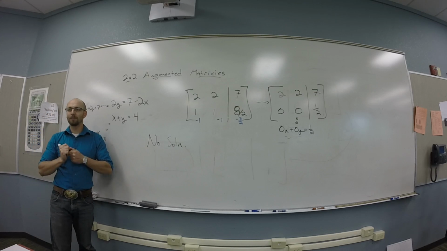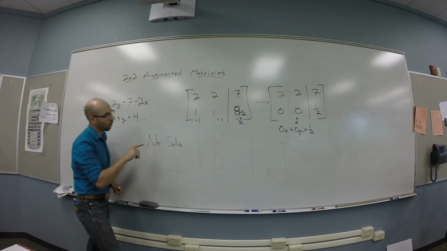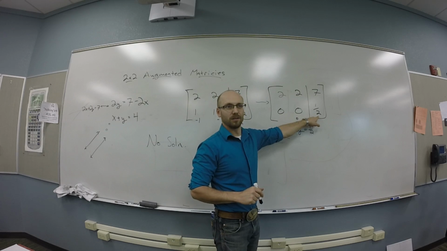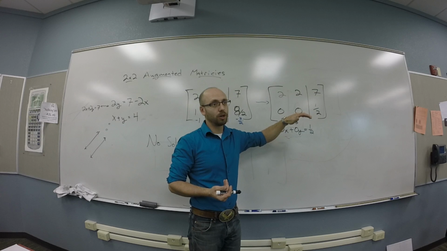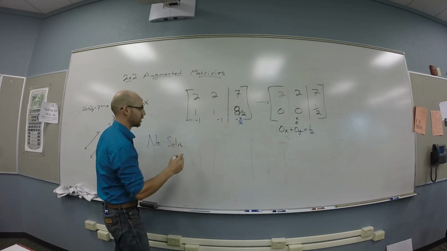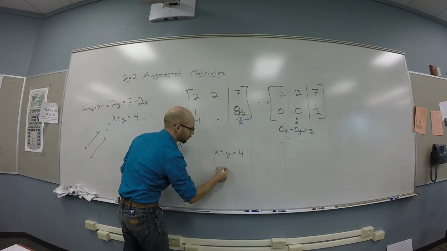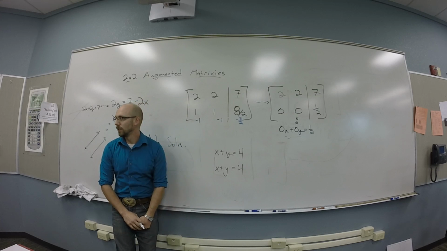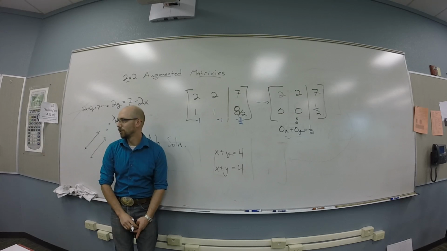There is one other option here, which is, what if I had gotten 0, 0, 0 here? 0 does equal 0, right? That would be true. So let me set up an equation like that. If I had x plus y is 4 and x plus y is 4. You guys see this? So 0 would equal 0 if I did this. And what's the interpretation of this?